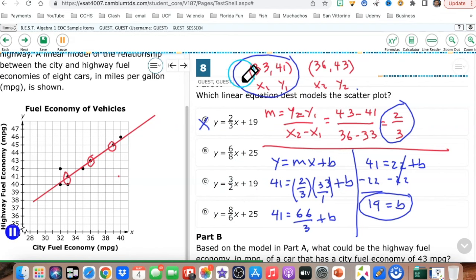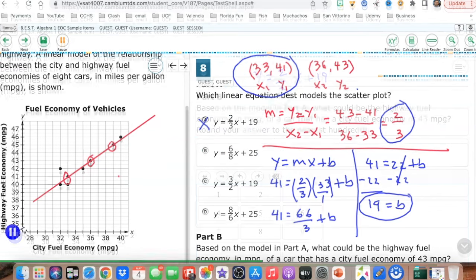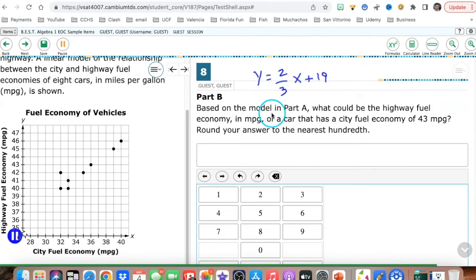All right, there's 2 parts of this problem. Let's do part B. Based on the model in part A, what could be the highway fuel economy in miles per gallon of a car that has a city fuel economy of 43 miles per gallon? Right, your answer to me is 100. Highway is the y, city is the x.